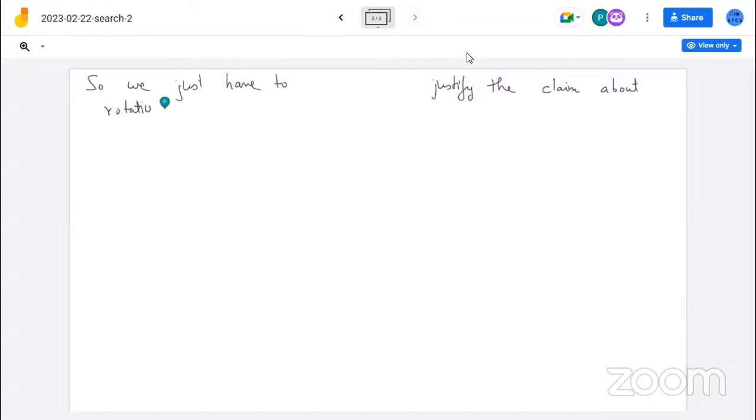Actually, let's do the algebraic thing, maybe just to get a feeling for what that would look like. I'm trying to do it sort of from scratch.